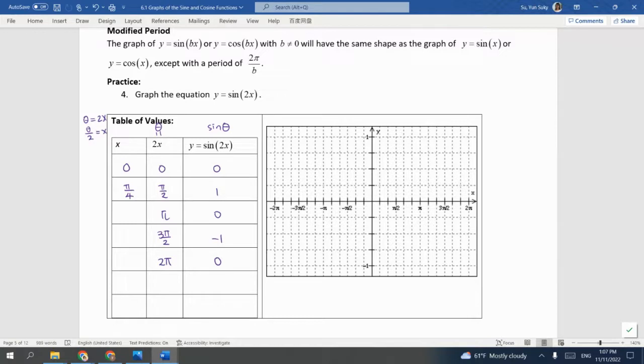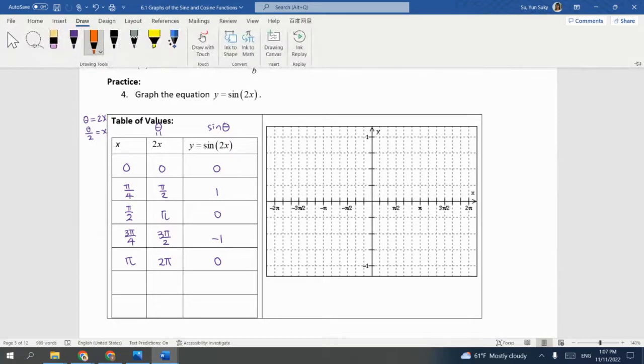Okay? And then next number, pi over 2. Next number, 3 pi over 4. Next number, we have pi. Right? Okay, let me put down the order.